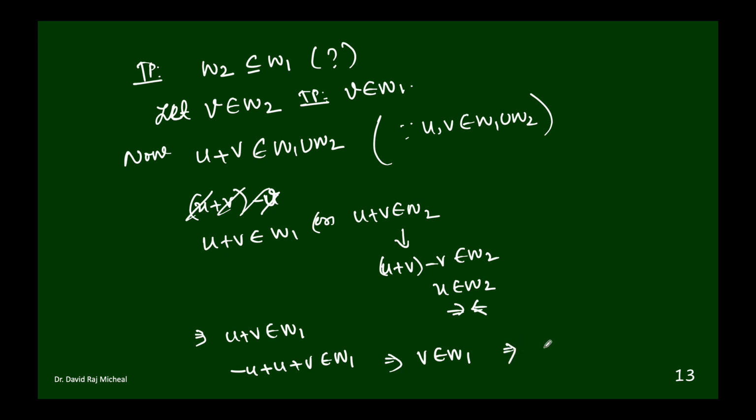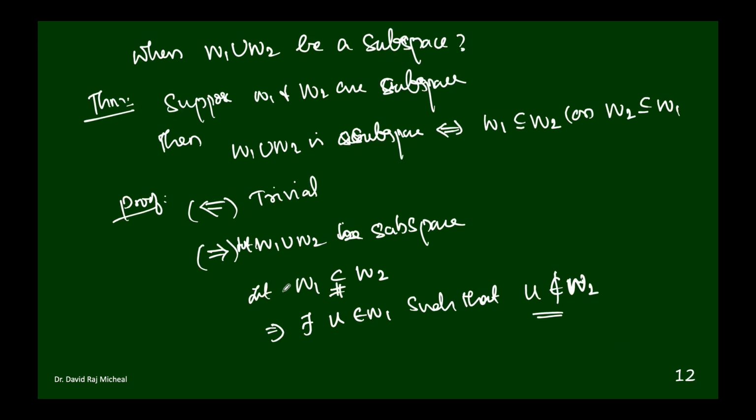So this further implies that W2 is contained in W1, correct? You can prove the other way around just by swapping W1 and W2. Therefore I can write it as: without loss of generality, let W1 not be contained in W2. So that will take care of the counterpart as well.